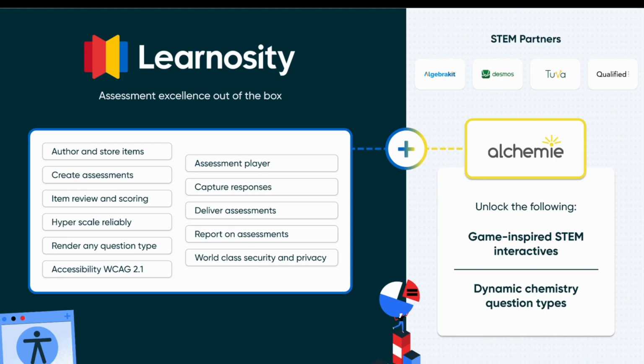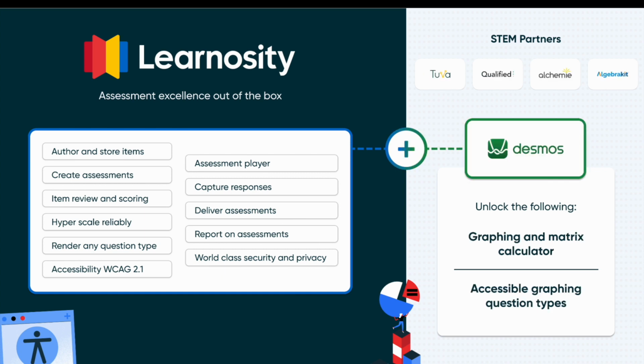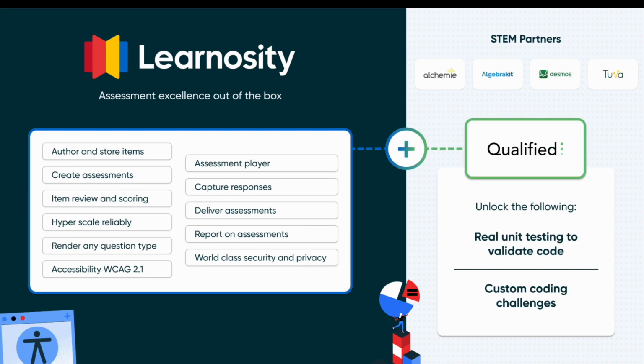So let's take a closer look at these requirements and how Learnosity has been deepening its assessment engine and integrating leading partner technologies, including Alchemy, Algebra Kit, Desmos Studio, Tuva, and Qualified to tackle these requirements.